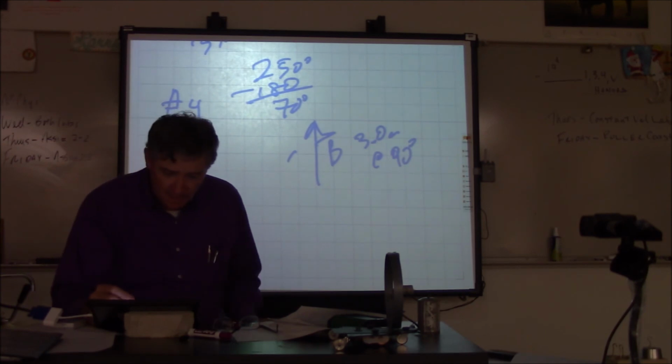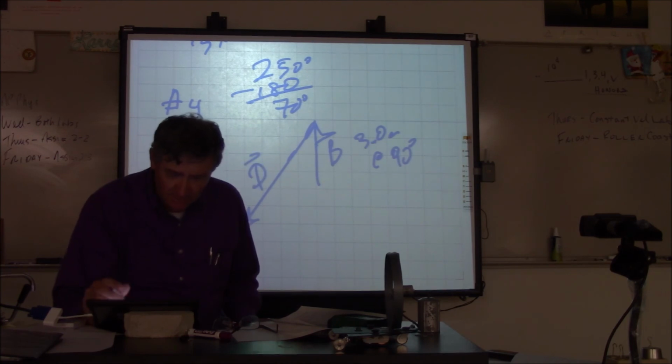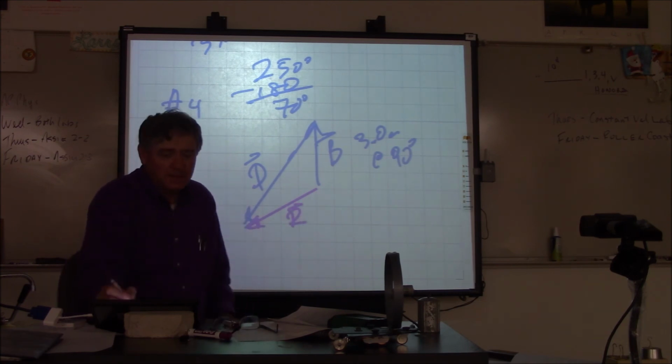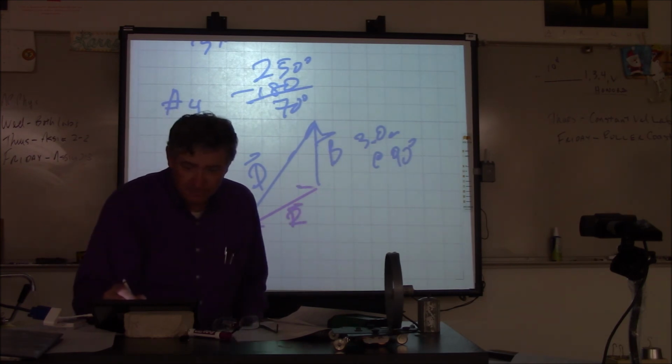So then I'm going to draw here's vector D. So the resultant on this one, I'm going to go from that origin out to that point. Okay? Now, here's what's important.